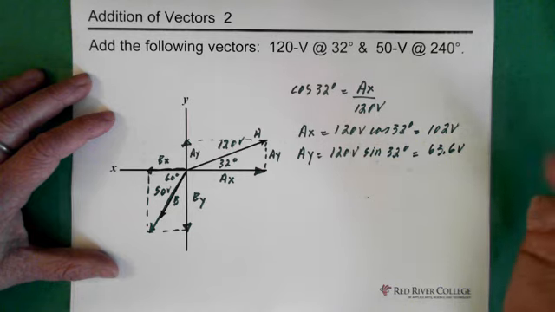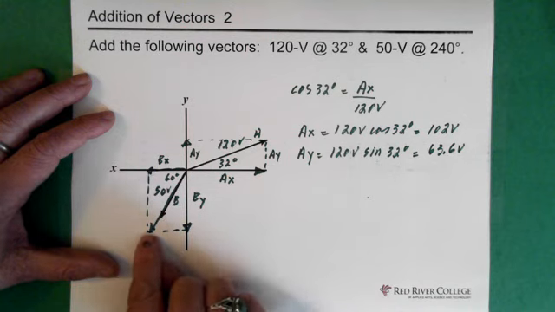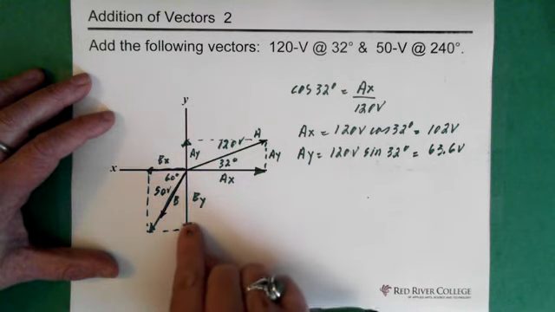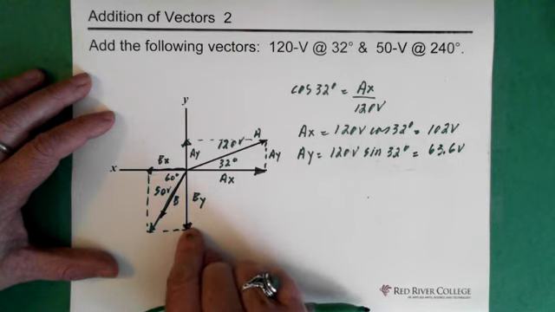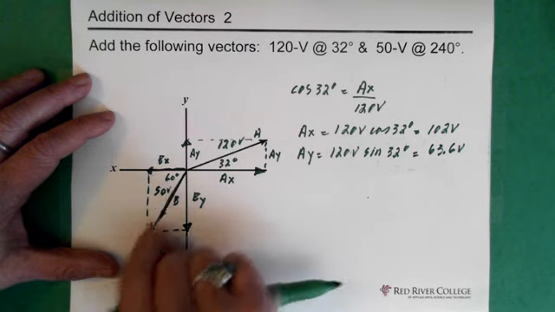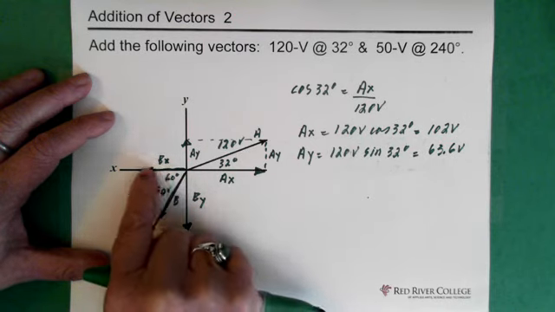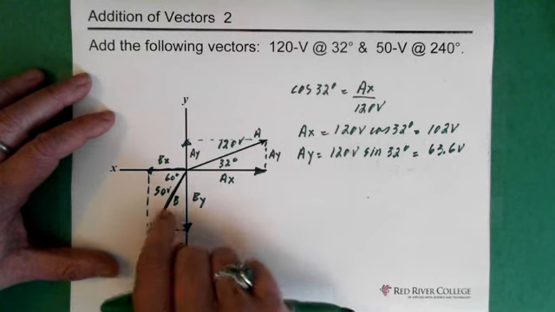Now we're going to move on to this triangle. Again, we want BY, which is the part of this vector that's in the y-axis. And again, this is our vector right here. We want BX, which is the x portion of the vector.